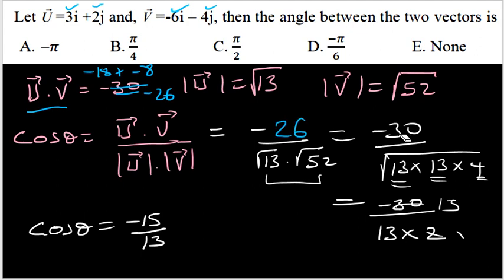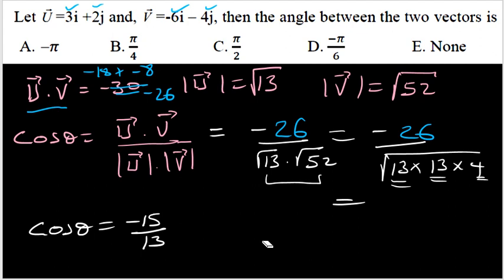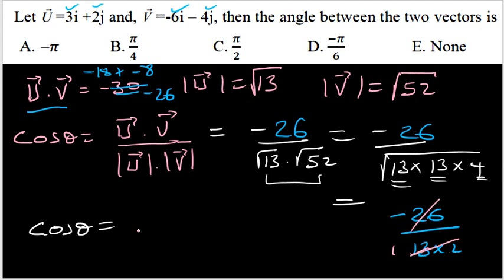The result will be negative 26 over the down part as it is, 13 multiplied by 2. Then we can simplify by 13, 13 times 2 is 26, so everything will be cancelled. What remains? Negative 1. So cosine of theta is equal to negative 1 means theta must be pi, or theta is equal to negative pi. Either of the two will be the answer, so the answer is A.